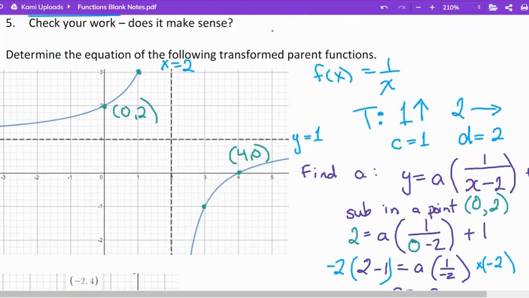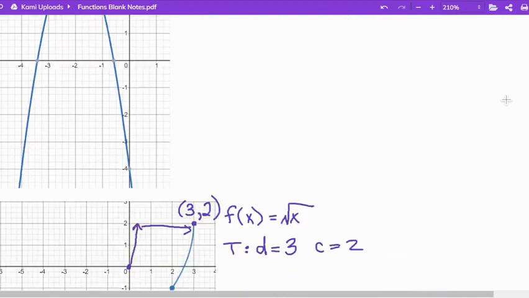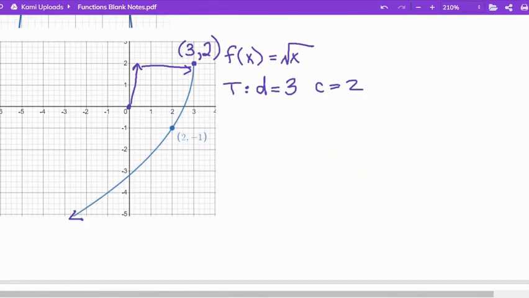Remember, there's this note that's bolded that says there may be a reflection in the y-axis, in which case K has to be negative. Let me show you what I mean. So what we're saying is if the monkey bar is the y-axis, right, we have to account for that in the radical function. So when we write the equation, we add an a value that is unknown, but then as we're writing the radicand, it looks like this: negative x minus 3, and then plus 2.